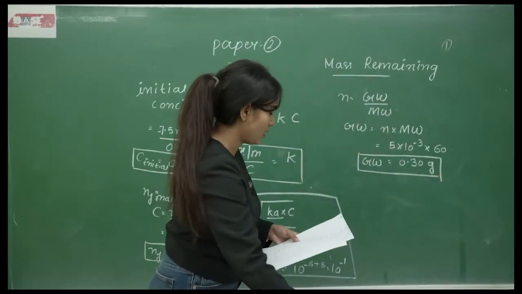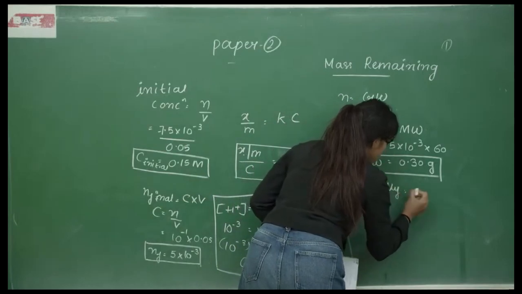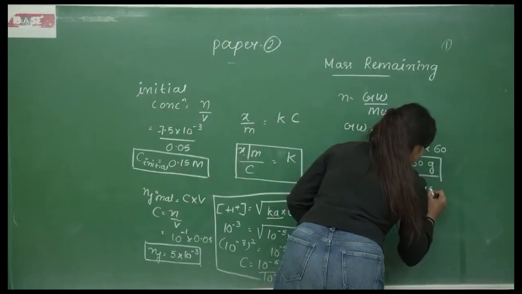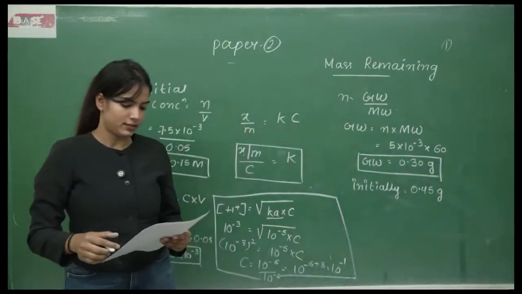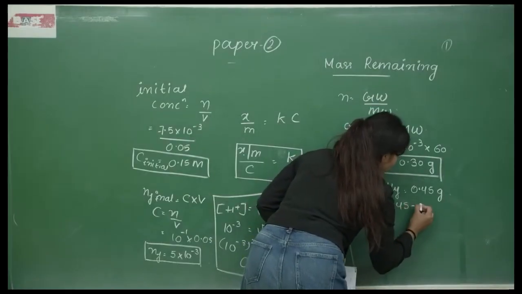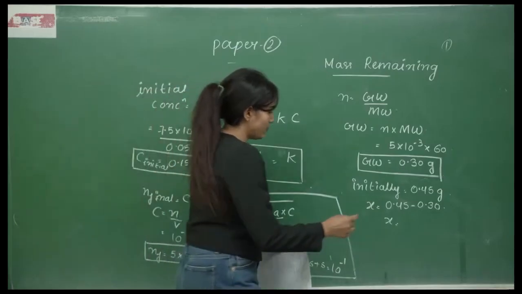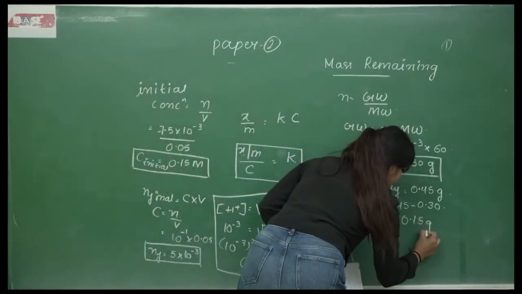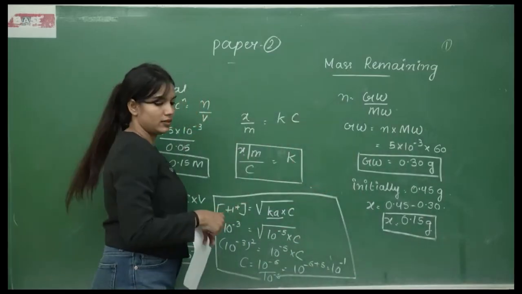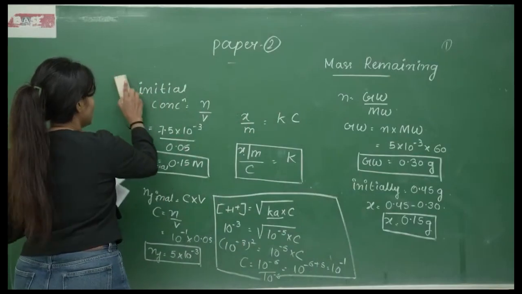Now, initially the mass of acetic acid is 0.45 that we have been given. Now, the mass which is adsorbed is 0.45 minus 0.30. So the x value will be 0.15. Now we got the x value. Now we want to find the mass of charcoal. That is already given.